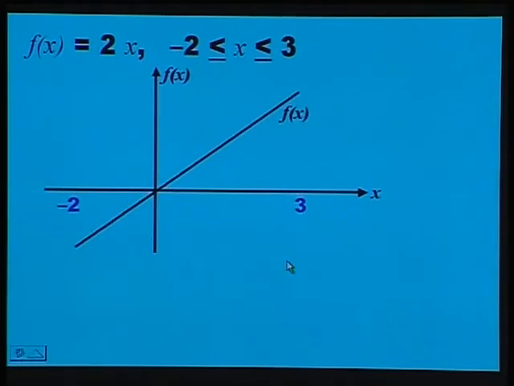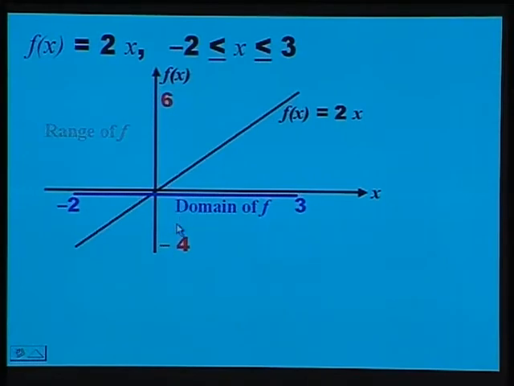We draw the graph for fx equal to 2x. Therefore the range would be from -4 to 6. The y coordinates, or the coordinates on the vertical axis, would give us the range. The range of f would be from -4 to 6.